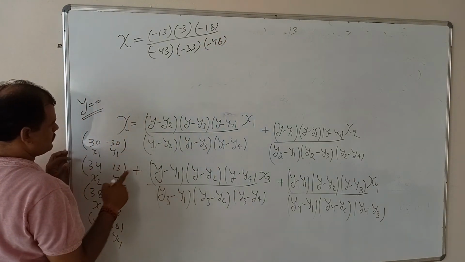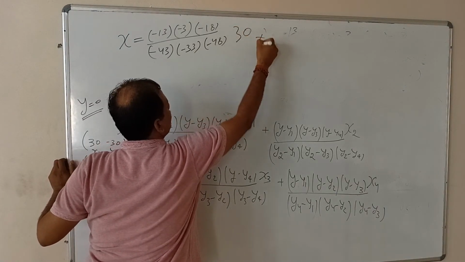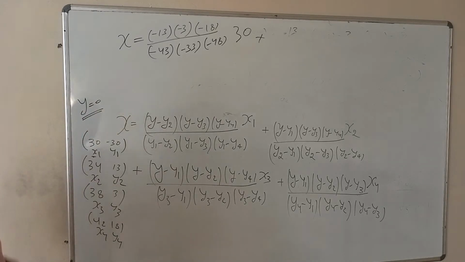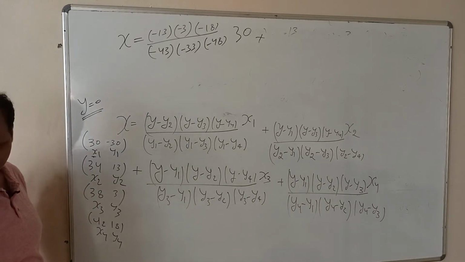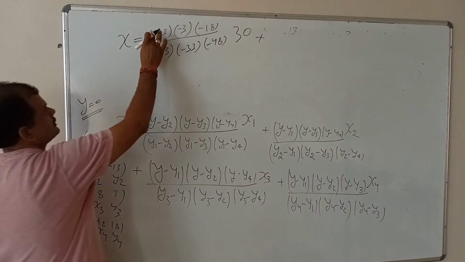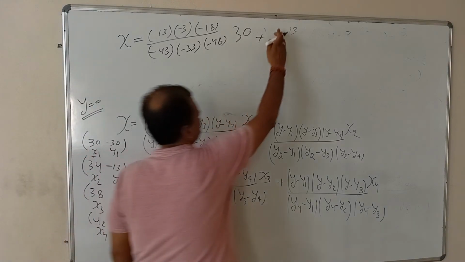Fine, into x1 equal to 30, plus, fine. So 0 minus y1, so y1 is −30, so this is the data points. y2 is 13, so minus 13, plus the second term.